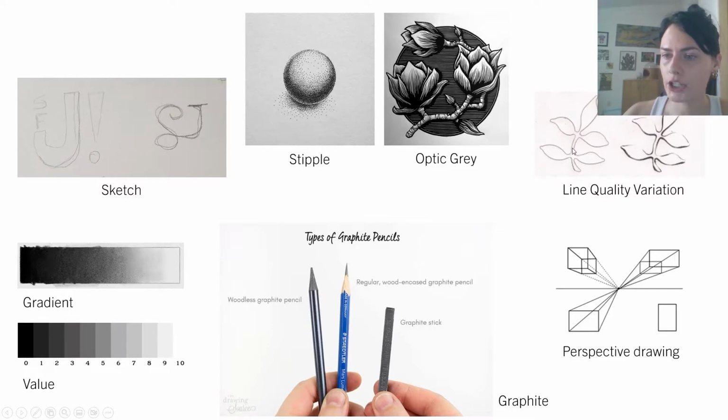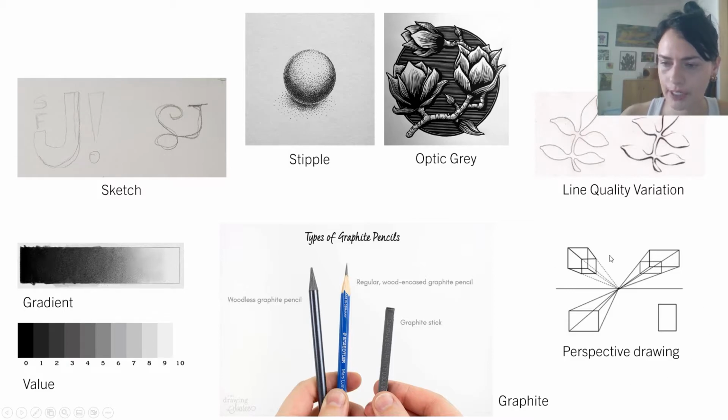Line quality variation, you can see the leaves on the left are only one thickness of line, whereas the leaves on the right have a variety of thickness. It's transitioning from heavy to light or thick to thin line. So that just gives some depth and a little variation. It's interesting to look at.